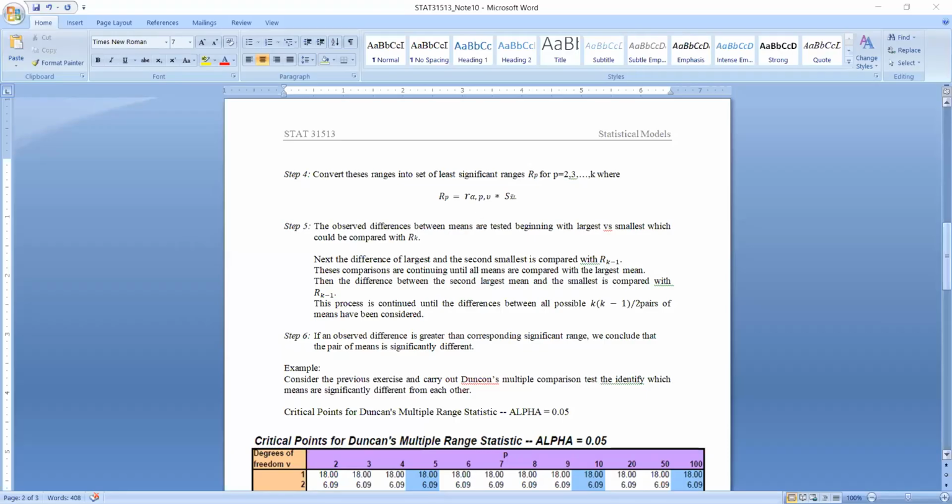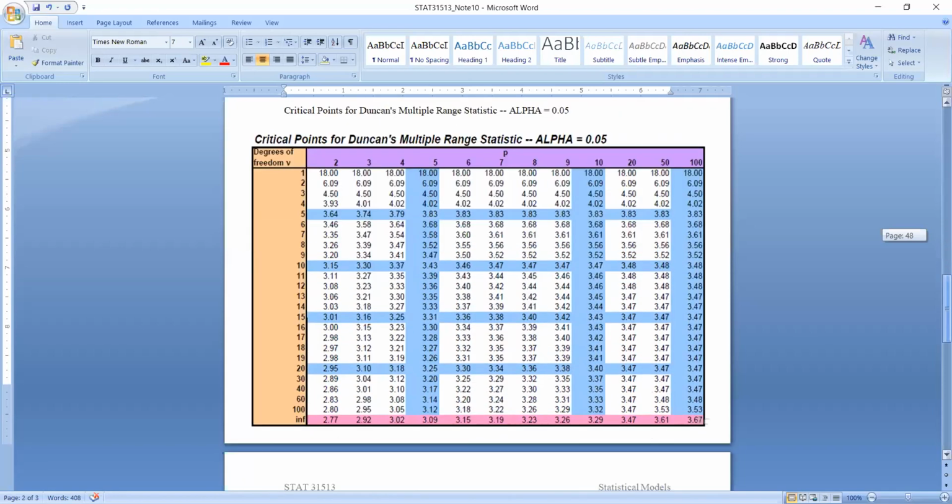Let's check the table values now. Here the degrees of freedom is equal to 20, so you have to read 20 from here. Alpha is anyway 0.05. When P is equal to 2, it's 2.95.